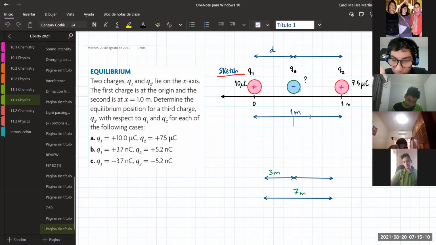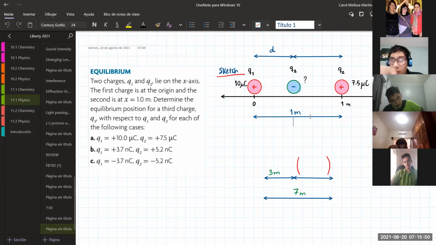And if I ask you guys what operation we need to perform to find this distance, how do I get it? 7 minus 3.